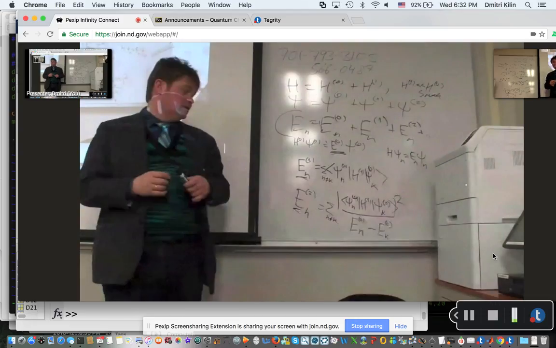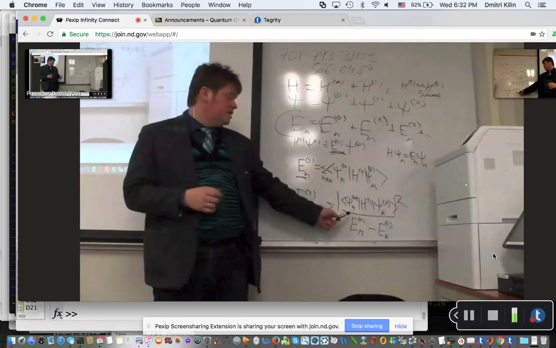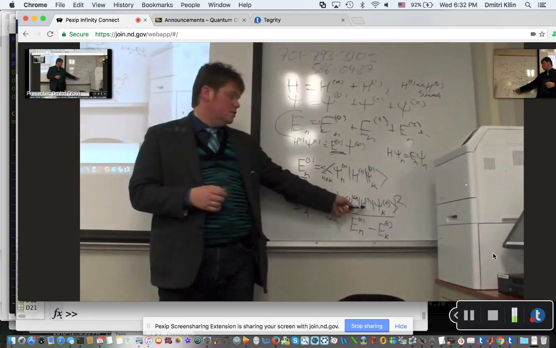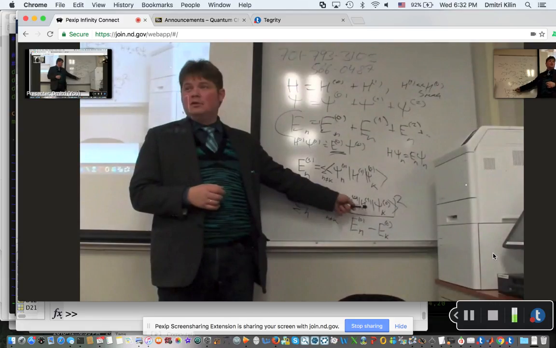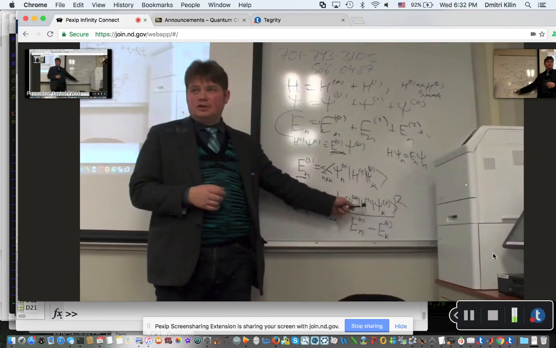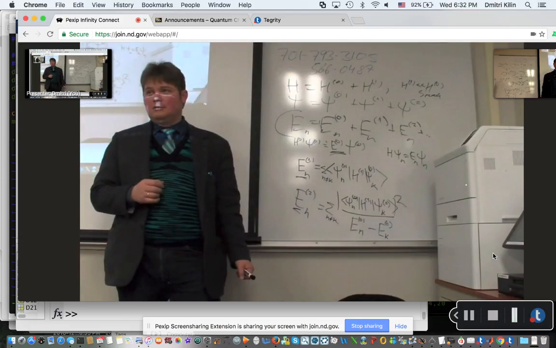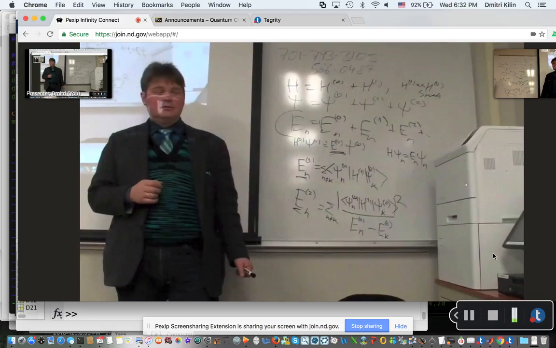Yes, matrix element. So the dimension of the numerator is energy squared, denominator energy. If you divide one by another, then the dimension is energy in the first power. That E on the left-hand side is not E squared.